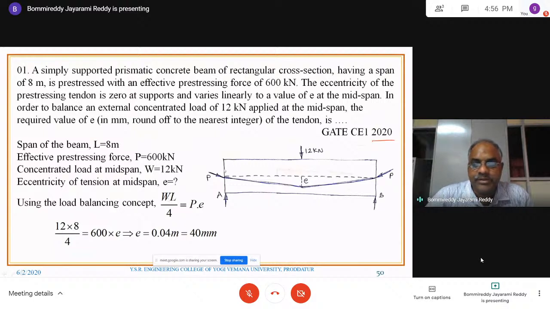What is the bending moment? Since it is a concentrated load, WL by 4 is the bending moment, and the moment due to pre-stressing force is P into E. Substitute all the values, you will get 0.04 meters, and it is 40 millimeters. That's all about the question. It will take only half a minute to solve the problem, and it is a very recent question in the examination.